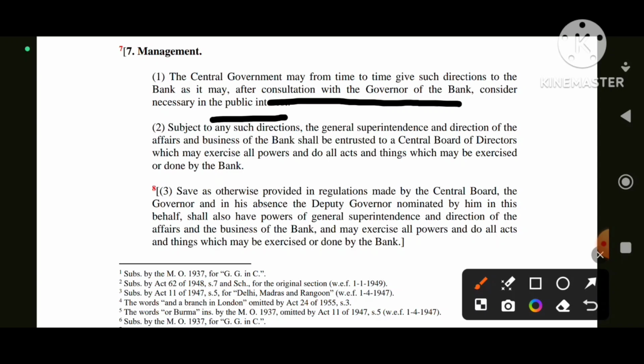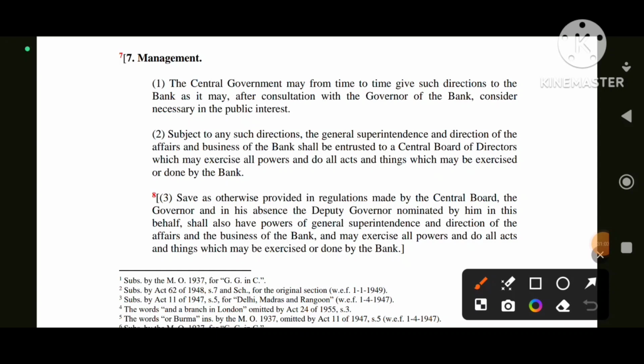Subsection 3 and subsection 2 both are almost the same. If you see in subsection 3, it says the governor shall also have the power of general superintendence and direction of the affairs and the business of the bank, and may exercise all power and do all acts and things which may be exercised or done by the bank.